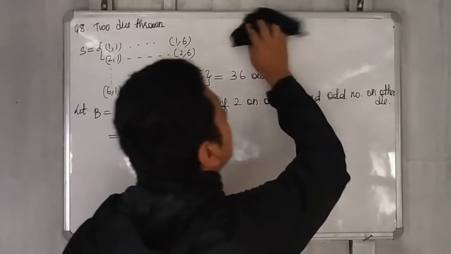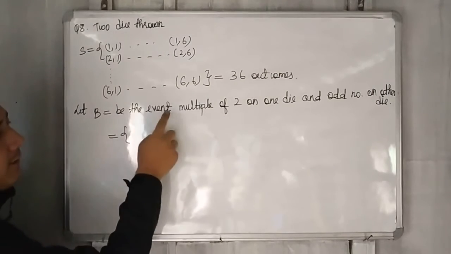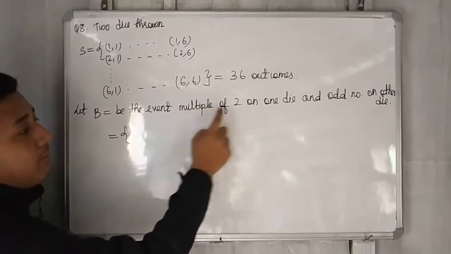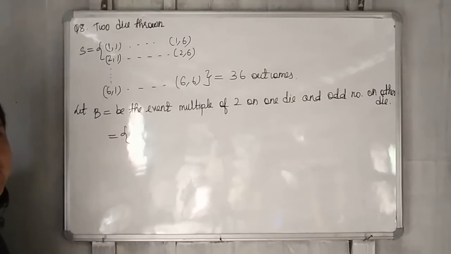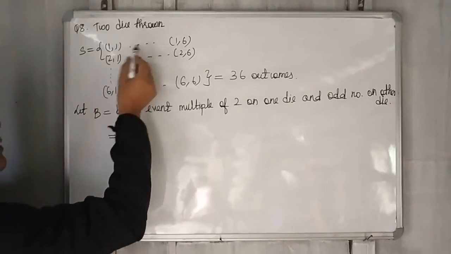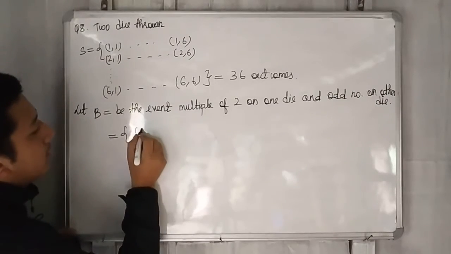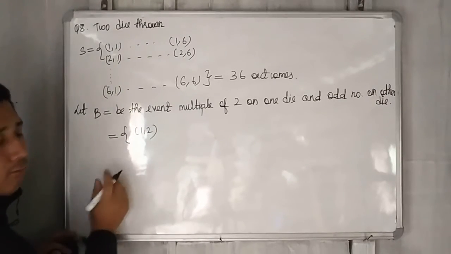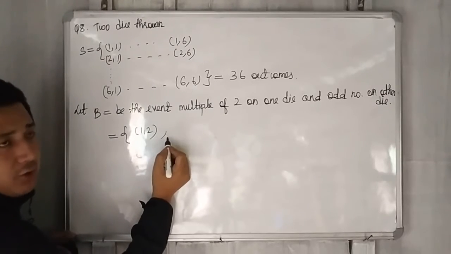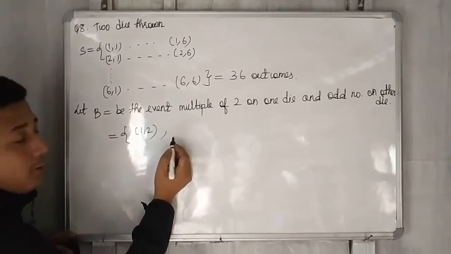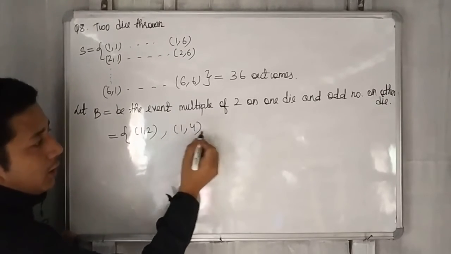For that I have taken help of B. What is B? B is an event which contains a multiple of 2 on one die and an odd number on the other die. So we'll start from 1. 1, 1, not possible. 1, 2, is it possible? Multiple of 2 in one die, odd number on the other die. 1, 3 is not possible because both of them are odd. 1, 4, multiple of 2 in one die and odd in the other.